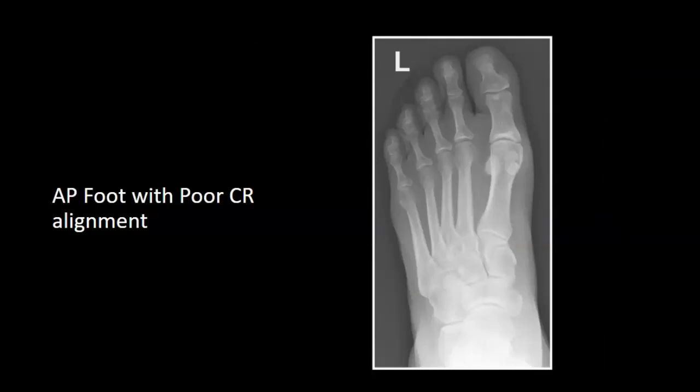I wanted to give you a little insight into when you have poor central ray alignment, and you may need to increase the angle if you forgot to put an angle on at all. You should know that the central ray for an AP foot is 10 to 15 degrees proximal. In the case that you have a perpendicular central ray, your joint spaces will be closed in the toes.